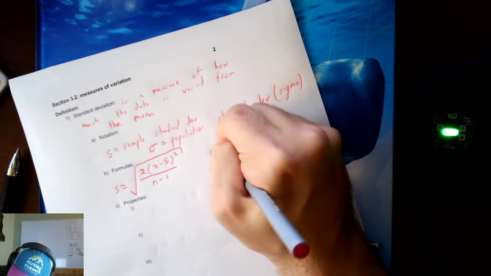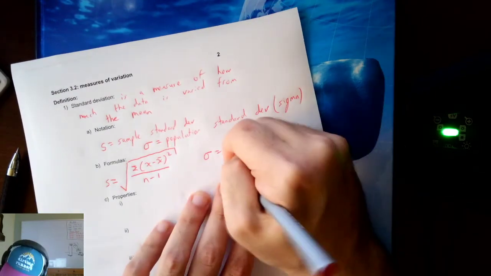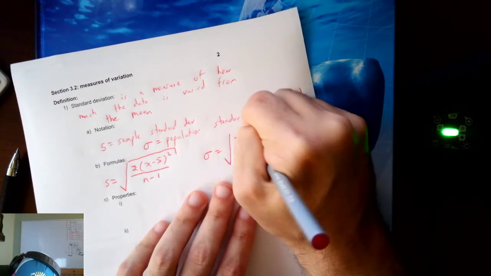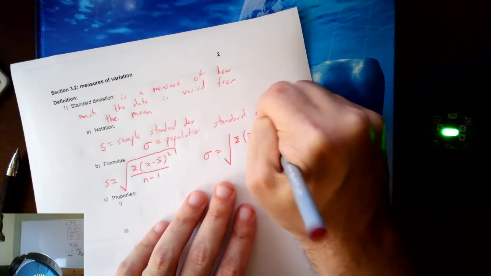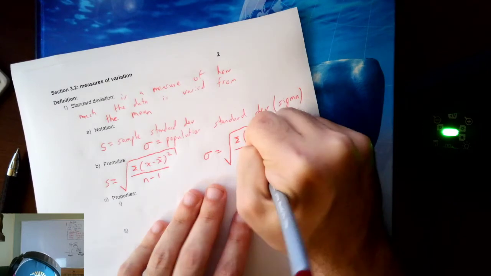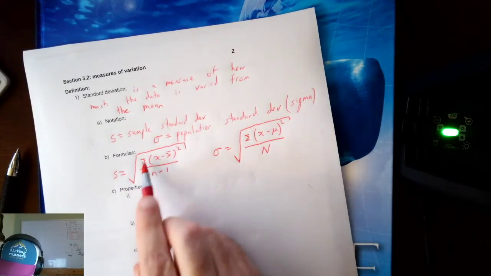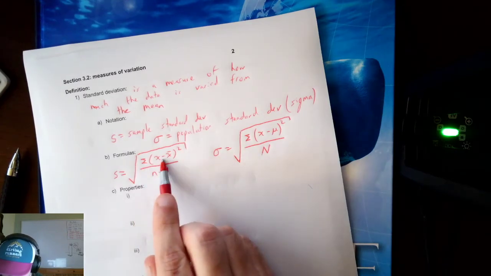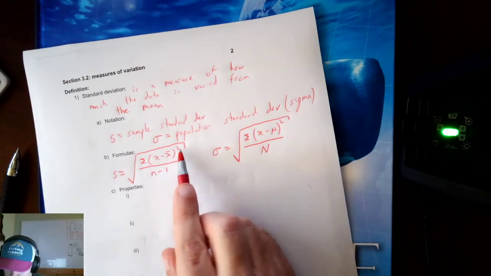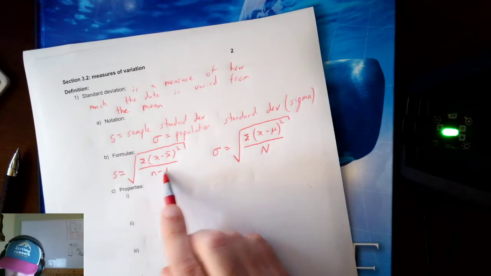Whereas the population is the square root of the sum of (x minus mu) squared over big N. In the sample, x bar is the mean, we square those differences, and little n is the size of the sample, and we subtract 1 from it.